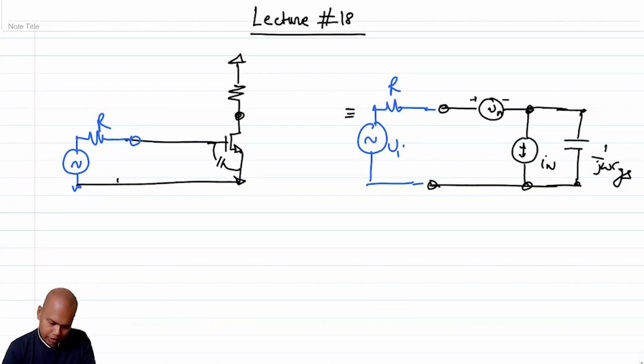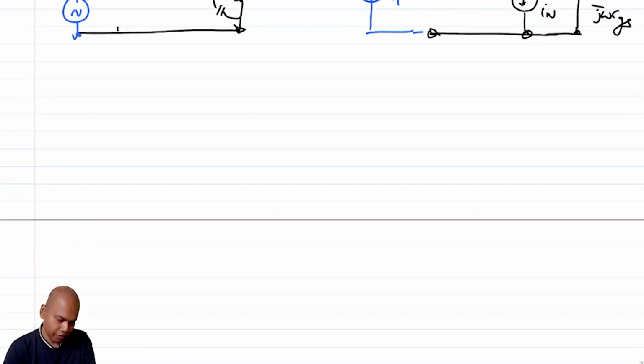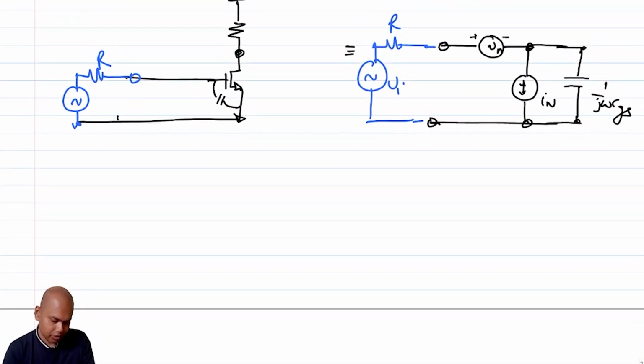Let's quickly, without spending too much time, reuse some of the expressions that we got in the previous lecture. Step 1: since we are only interested in finding the noise model, I don't need to take the source into account at all, because the noise model is independent of the source and the source resistance.